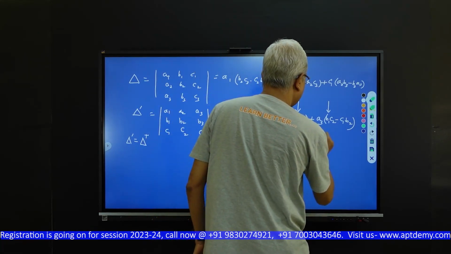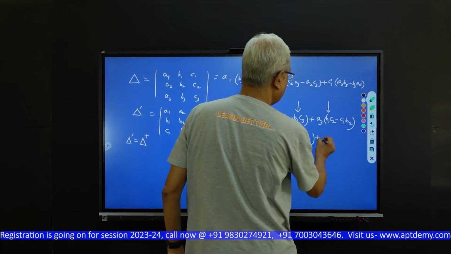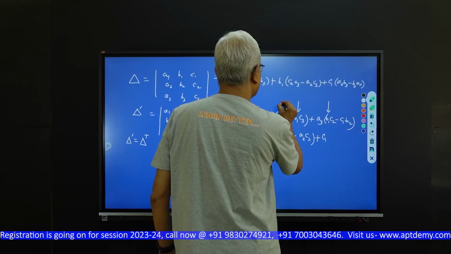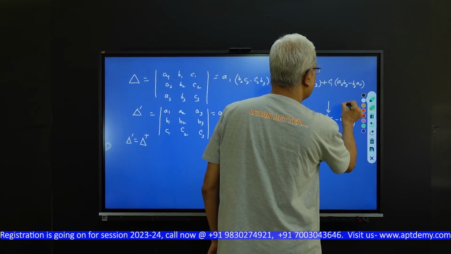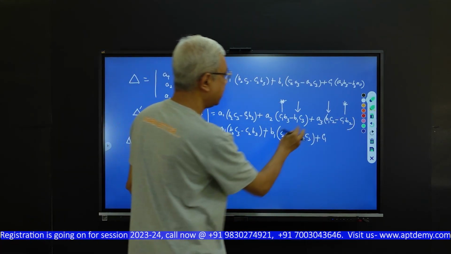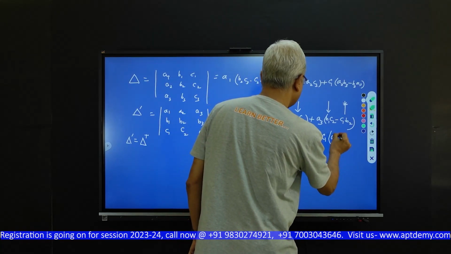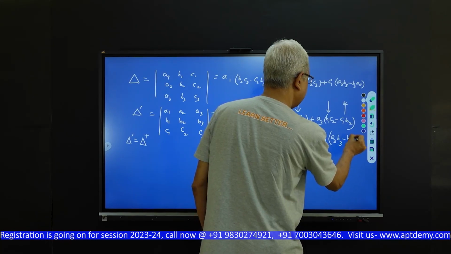Then there are remaining two terms, from that I take common C1. So this term and this term, if I take C1 common, then it is A2 B3 minus B2 A3.